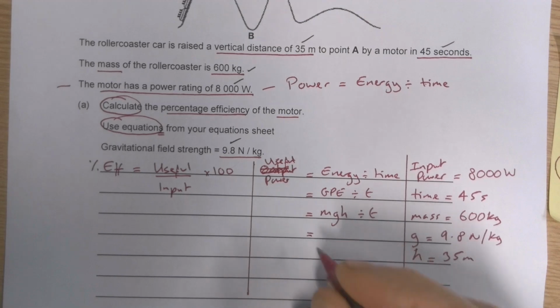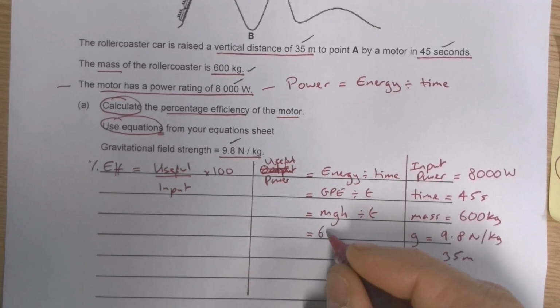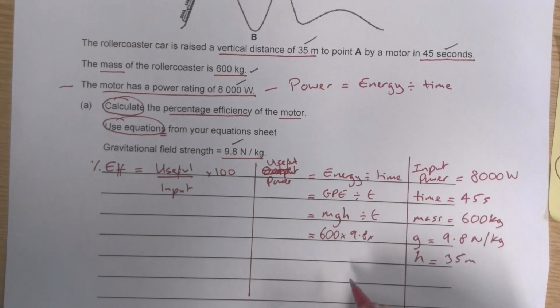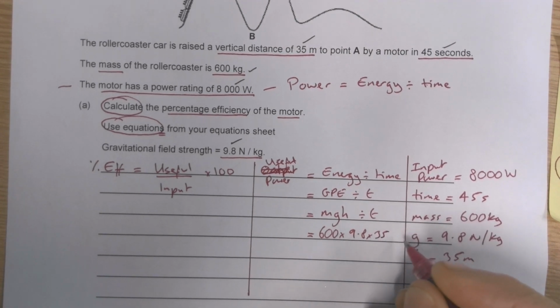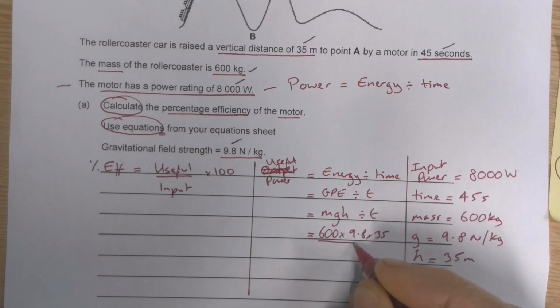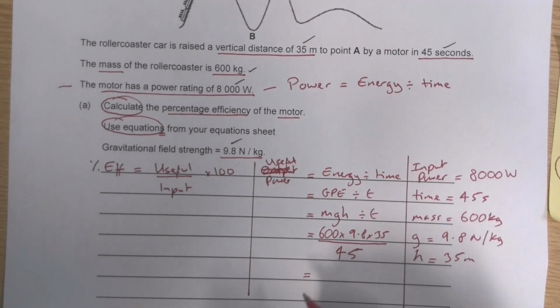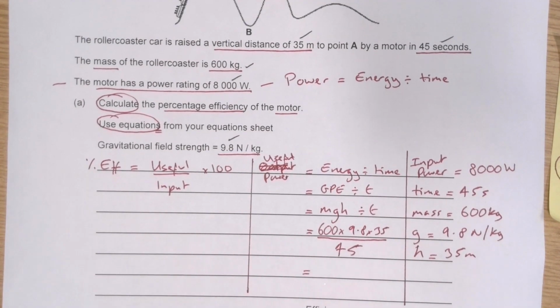So my useful power is 600 times 9.8 times 35, all divided by 45.